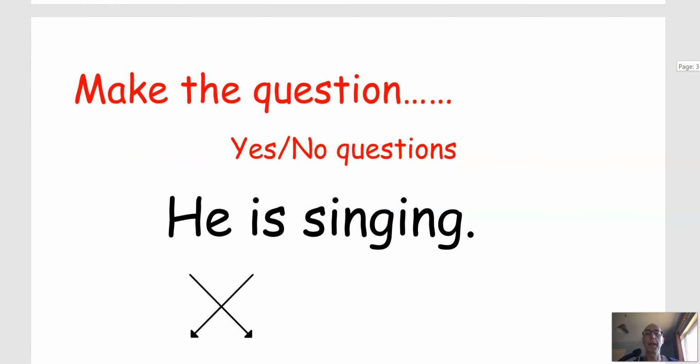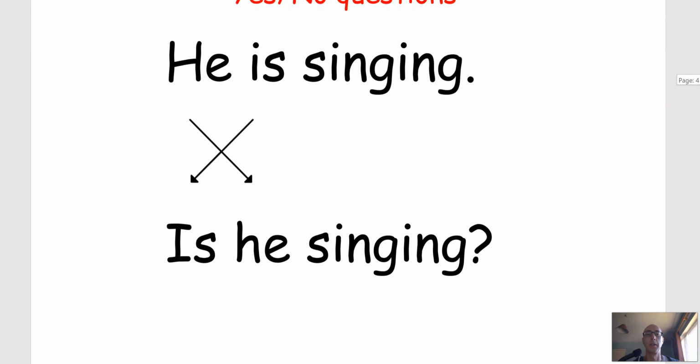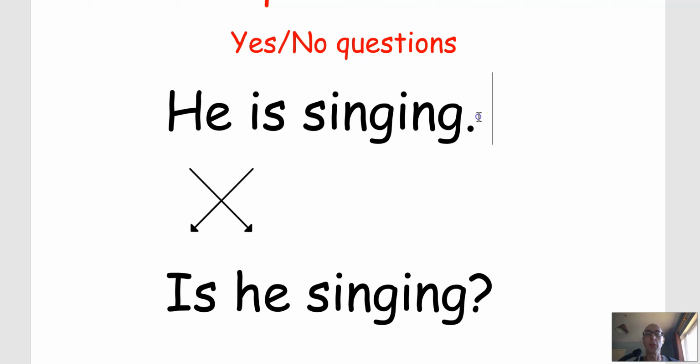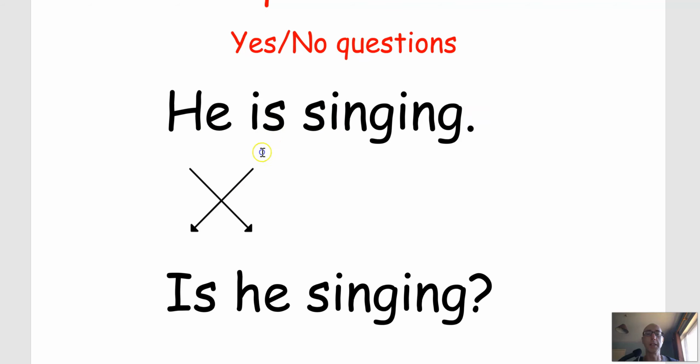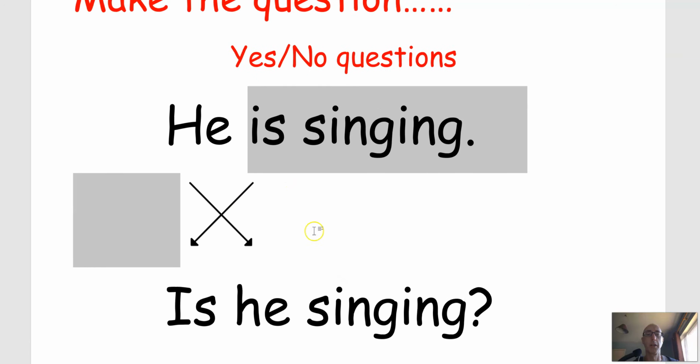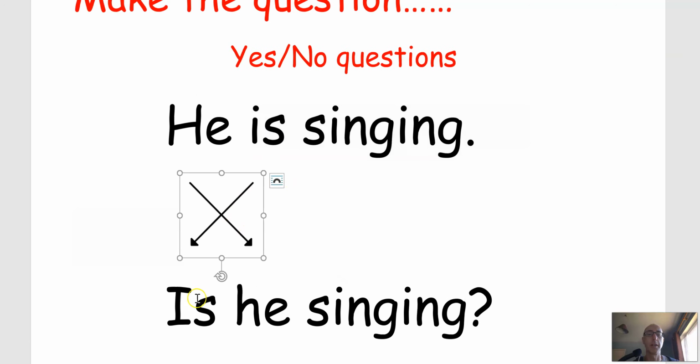So let's look at making the questions. How do we make a question? So for a yes-no question, a yes-no question means the answer is yes or no. We have only two answers. So if we want to make a question from he is singing, we just have to change the is, goes down here. Is changes to here.